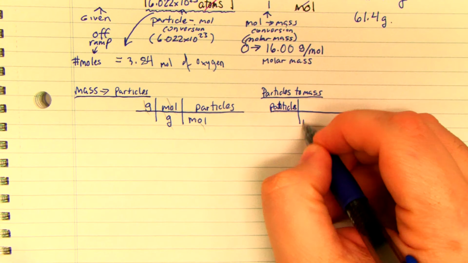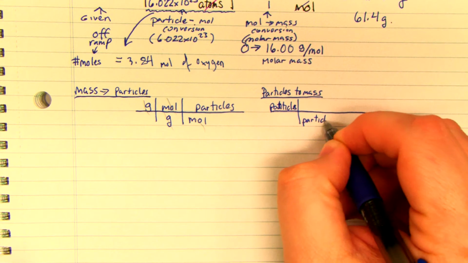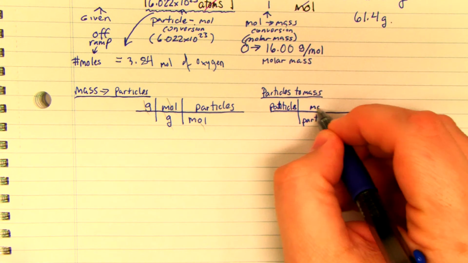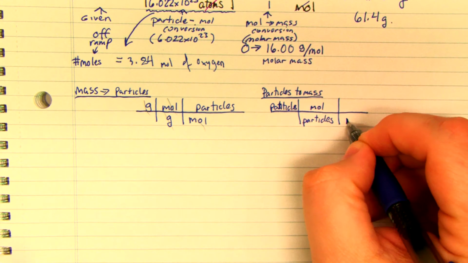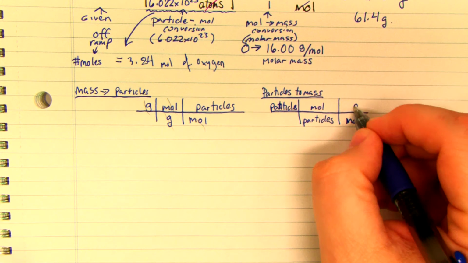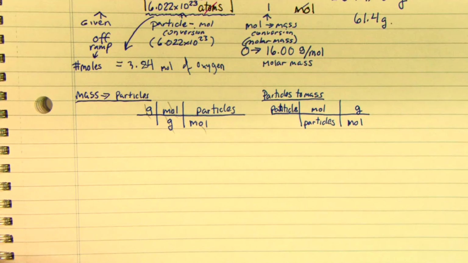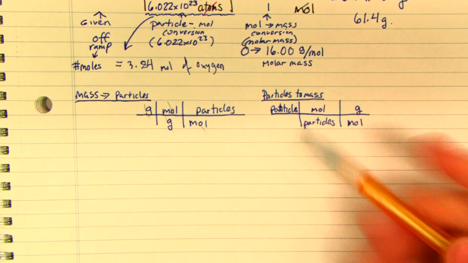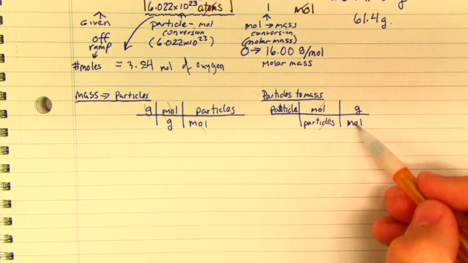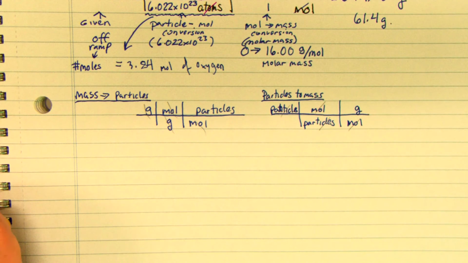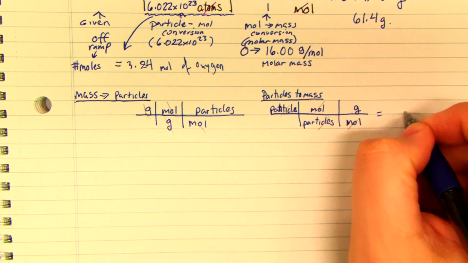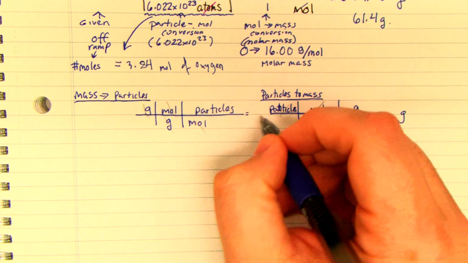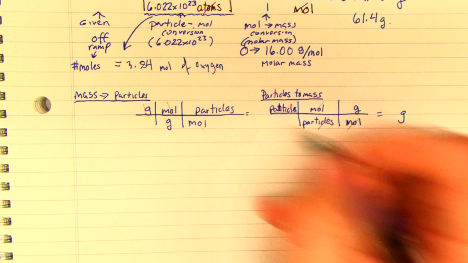Particles per mole, and then mole per gram. And then these two divide each other out, and you're left with whatever your answer is in grams. Like this answer is going to be in particles. So these are the conversion factors that you'll end up dealing with.